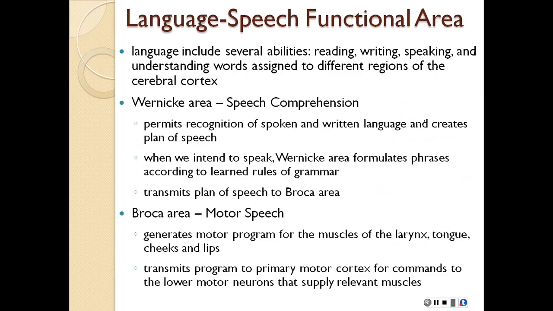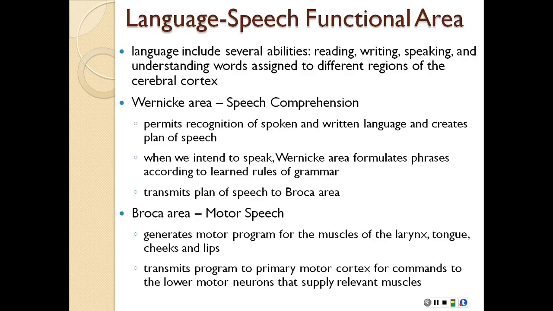If you think about it, anytime you get ready to speak, before any words start to come out, the part of your brain that is highly active is Wernicke's area. Wernicke's area transmits a plan of speech. So before you even speak, this is the part of the brain generating the plan and sending it on to Broca's area.